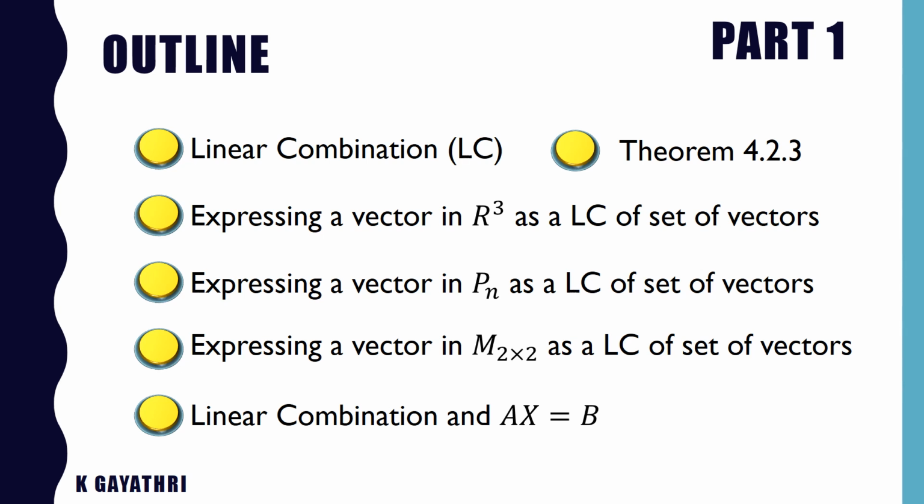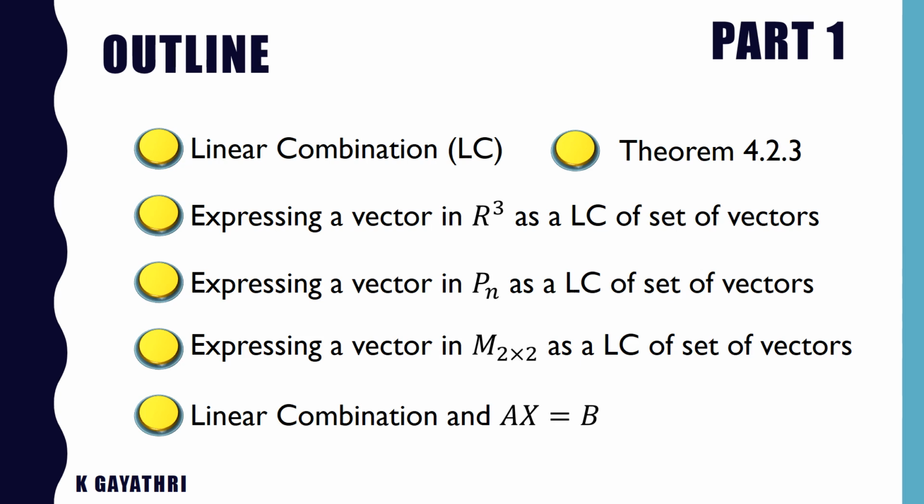Also, some examples to show how to express a given vector as a linear combination of a set of vectors in a vector space, taking the vectors as n-tuples, polynomials, as well as matrices. Finally, we are going to see how to relate the idea of linear combination of vectors with the idea of solving systems of linear equations.